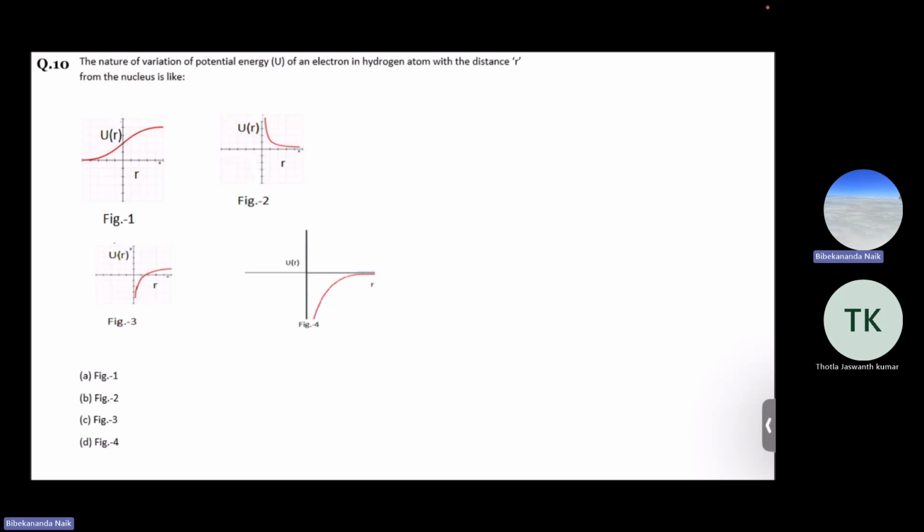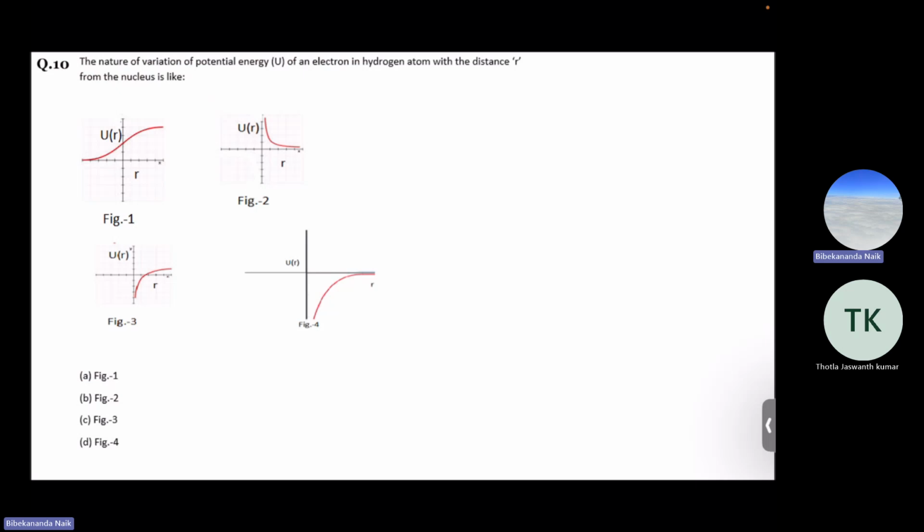Question number 10 says: the nature of variation of the potential energy of an electron in hydrogen atom with distance r from the nucleus is like. These are the four figures: figure 1, figure 2, figure 3, and figure 4. Option A is figure 1, option B is figure 2, option C is figure 3, and option D is figure 4.